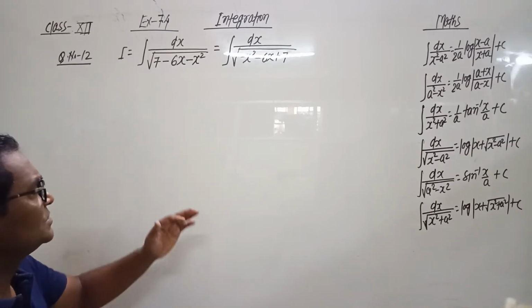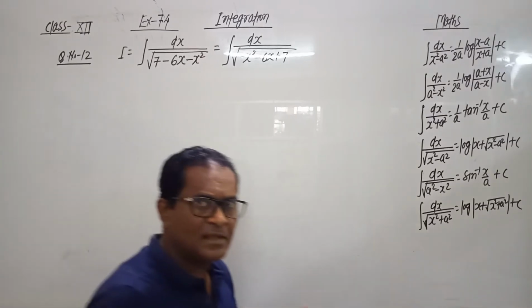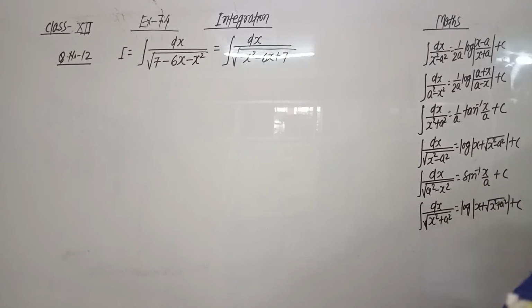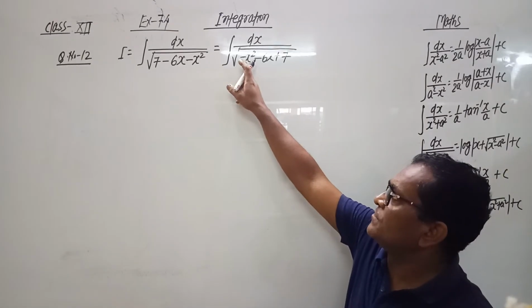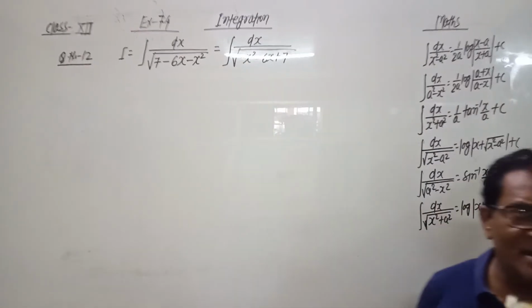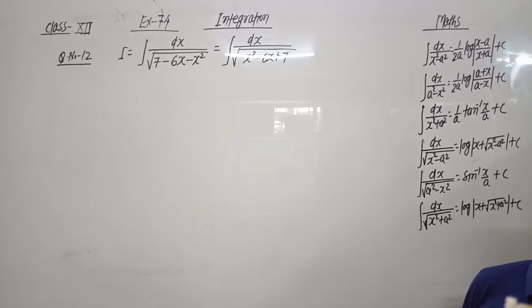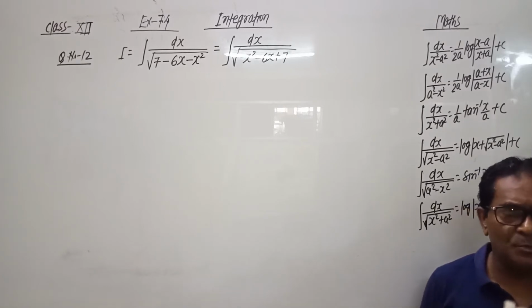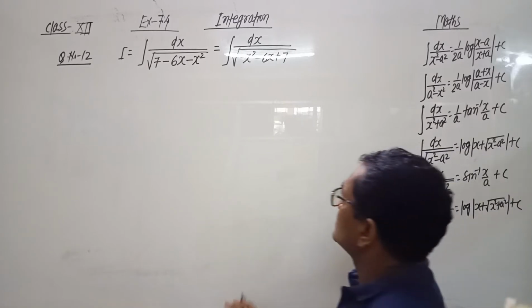We write the term x square in the beginning, then the term containing x, and then the constant term. Now the coefficient of x square should be 1. Here the coefficient of x square is minus 1, so we will have to make it positive.